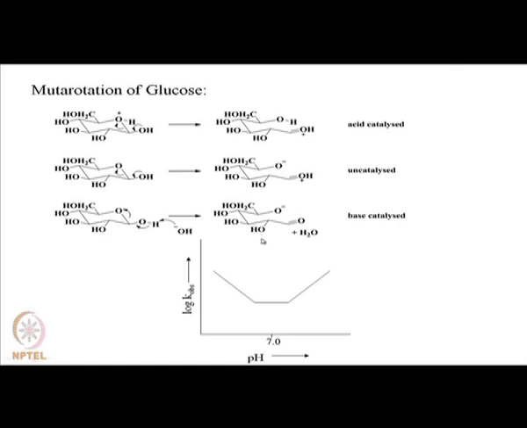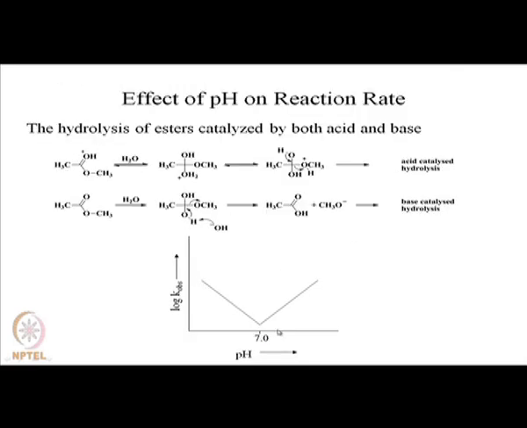With that finite value of OH minus or H plus, this step proceeds, but with a much reduced rate. So, in the vicinity of pH 7 it is flat, and it increases further on the right hand side and also on the left hand side, like the example I gave in the earlier slide, for hydrolysis of ester catalyzed by acid or base.